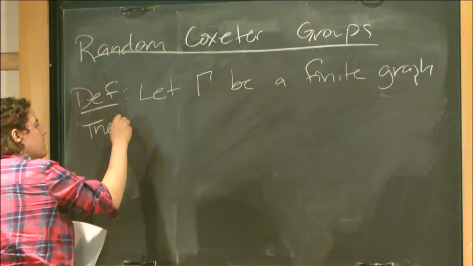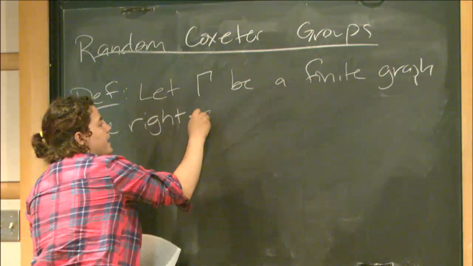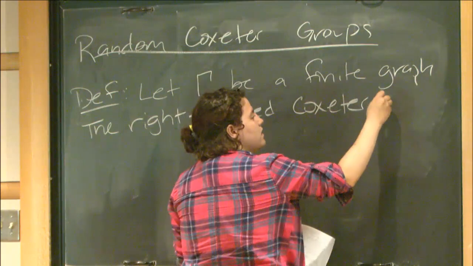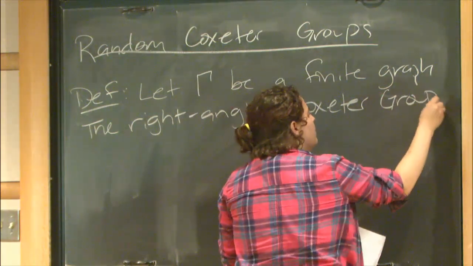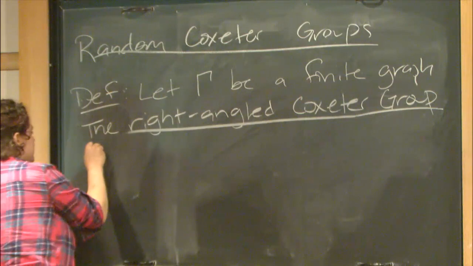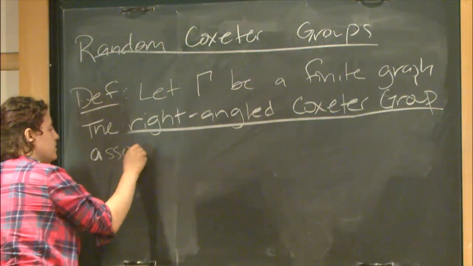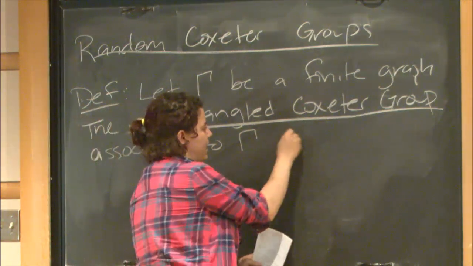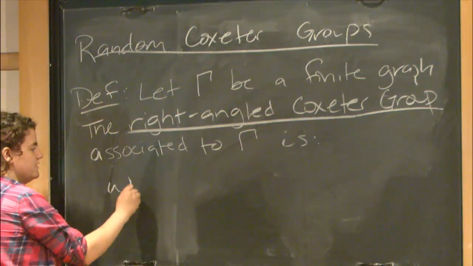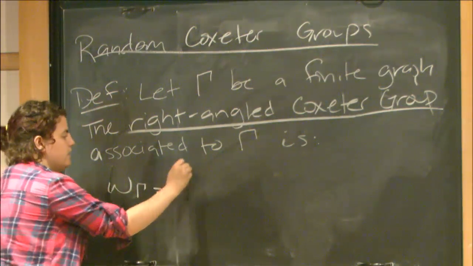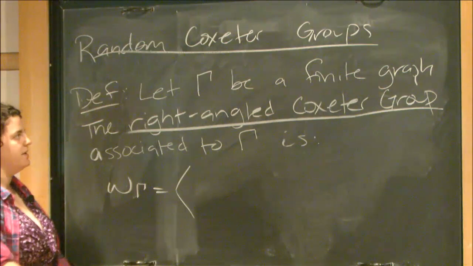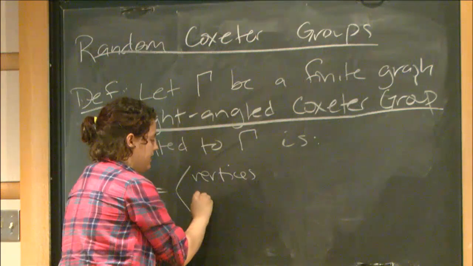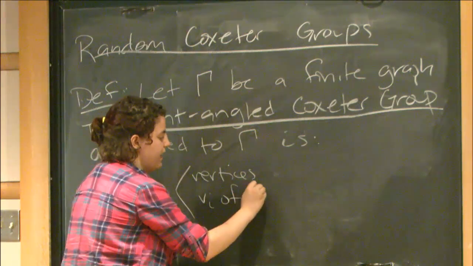Then the right-angled Coxeter group associated to gamma is just given by, so first of all, we're going to call it W sub gamma, and the generators of this group are just going to be the vertices of this graph. So vertices v_i of the graph gamma.